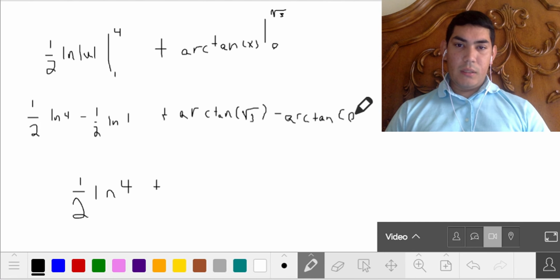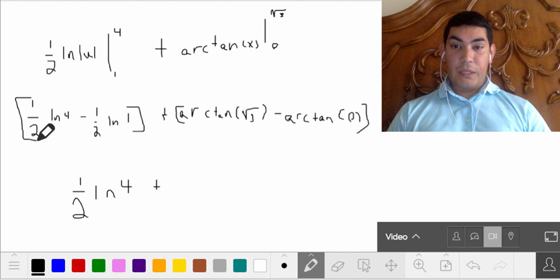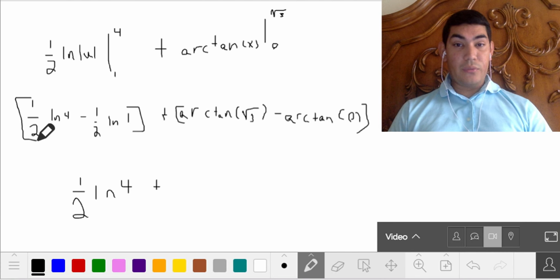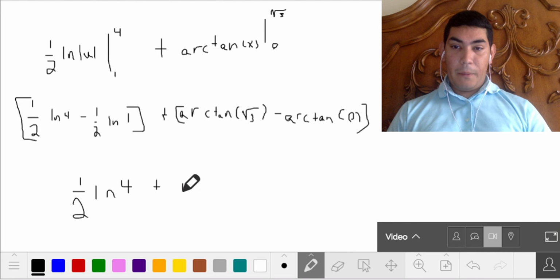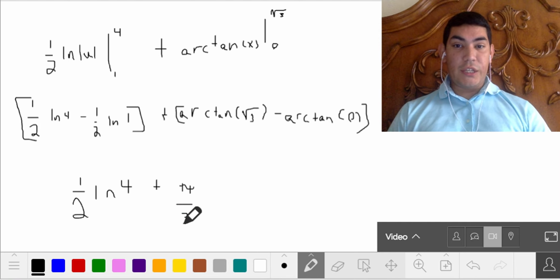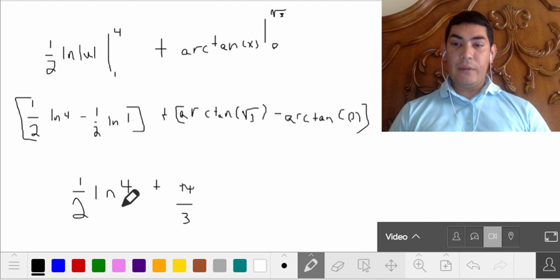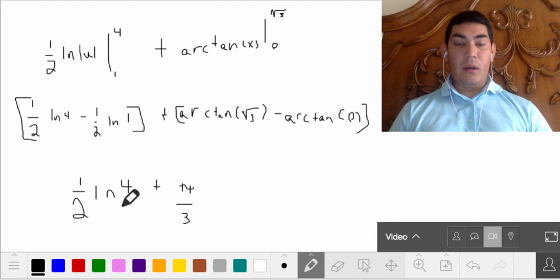By evaluating each one, we obtain the arctangent of square root of 3 will equal pi divided by 3. And arctangent of 0 equals 0. So our final solution is 1/2 natural log of 4 plus pi over 3. So that would be our final solution.